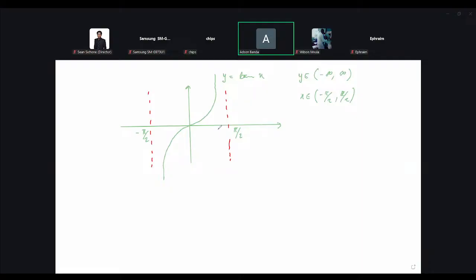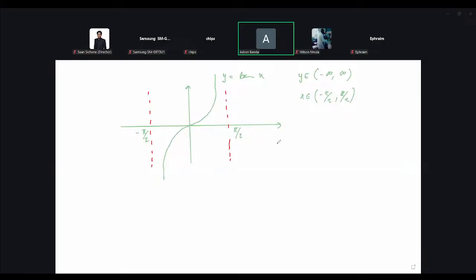So for the inverse, like I told you, you just have to interchange the variables. It is also a reflection of this graph in the line y is equal to x.